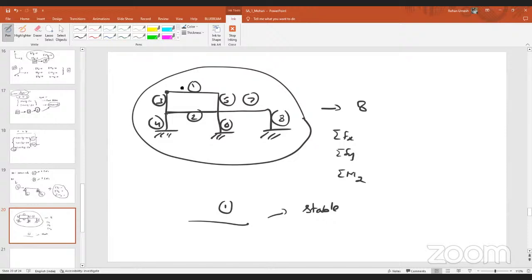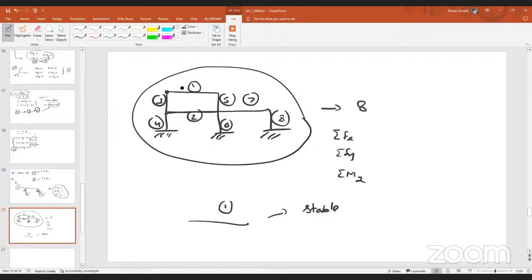If it is stable, then equilibrium equations must be satisfied. So my point here is that you take any point, or any element or component, any part of the structure, that should satisfy the equilibrium equations.